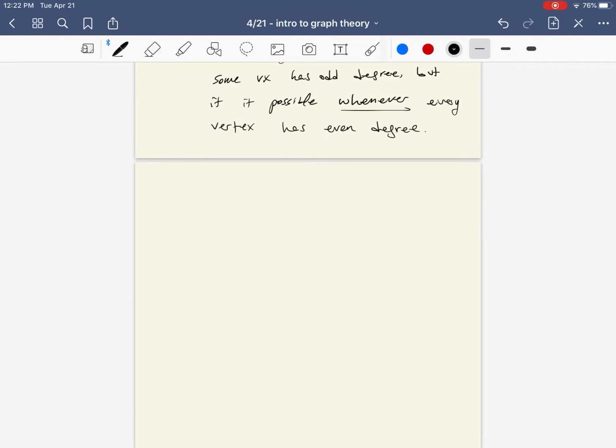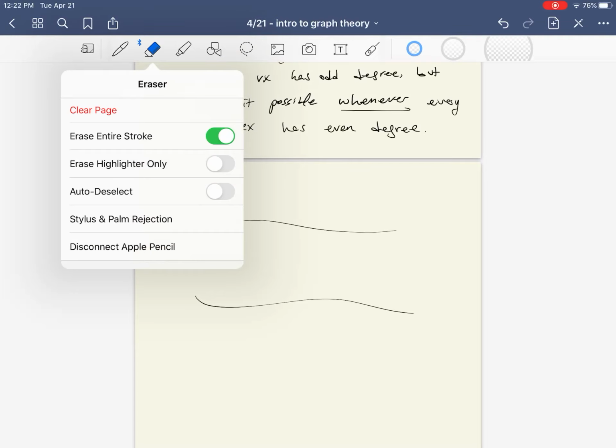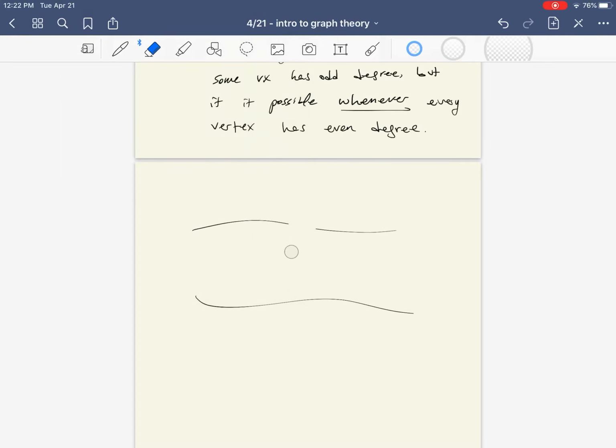This means I could draw any kind of city with a river running through it, multiple rivers running through it. Why don't I make a more interesting one. Maybe this city has a little river that meets up with the big river, and then 1, 2, and 3 islands in the middle there.